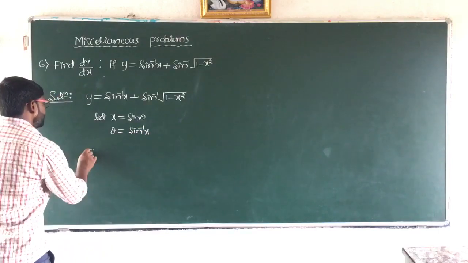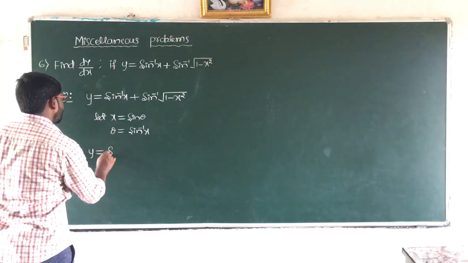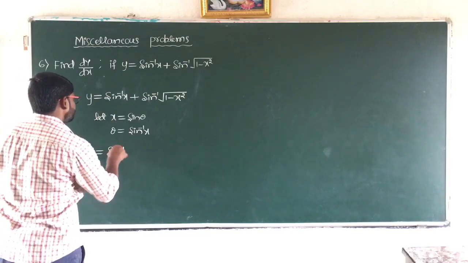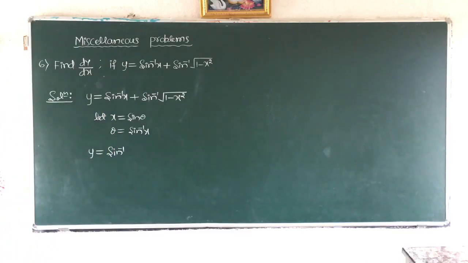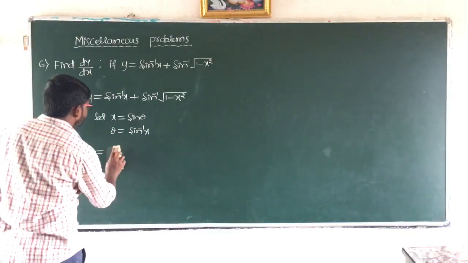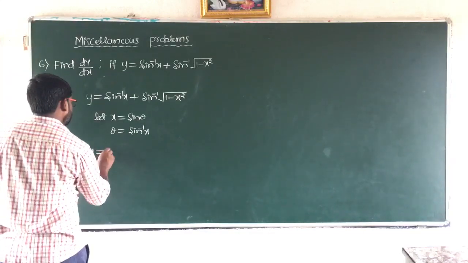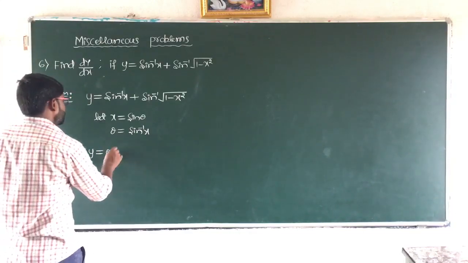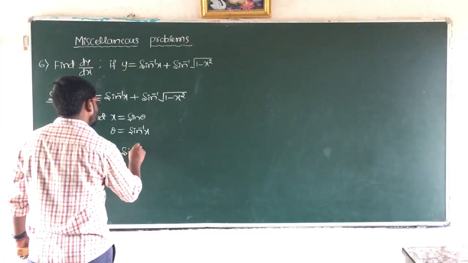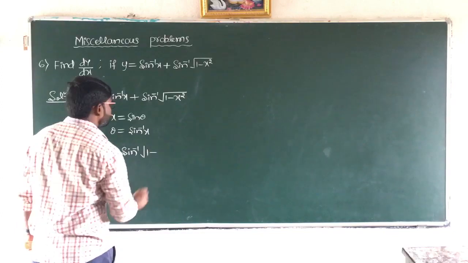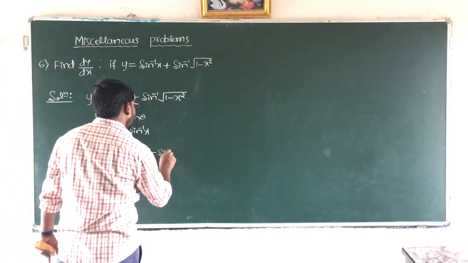So now let us rewrite the given function. Now y is equal to sine inverse. So what is sine inverse x now? It is theta. So in place of sine inverse x, I can write theta. So here theta plus sine inverse under root 1 minus, what is x square now? It is sine square theta.